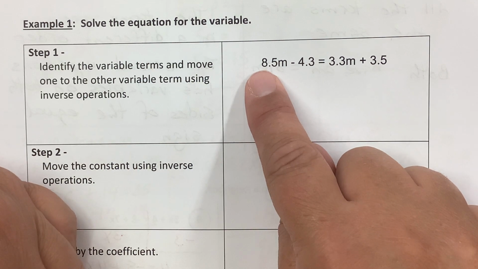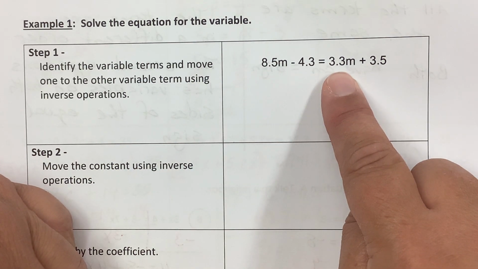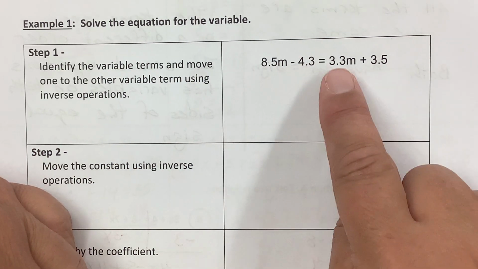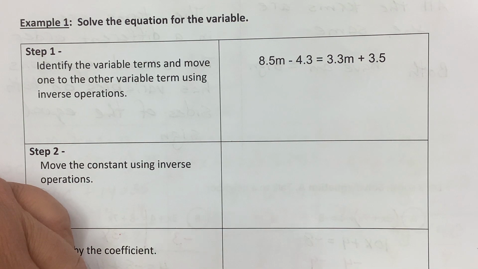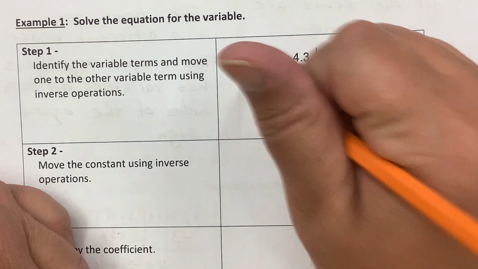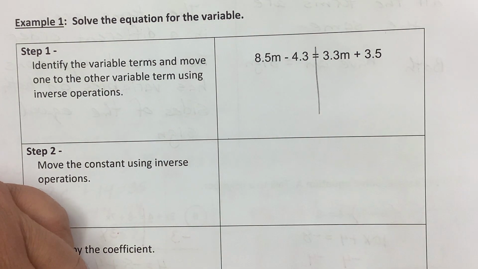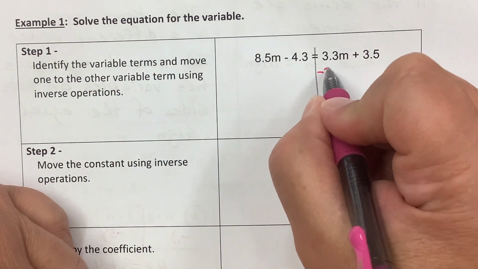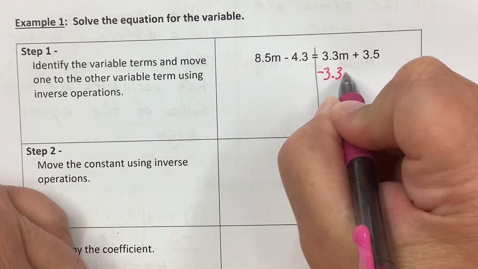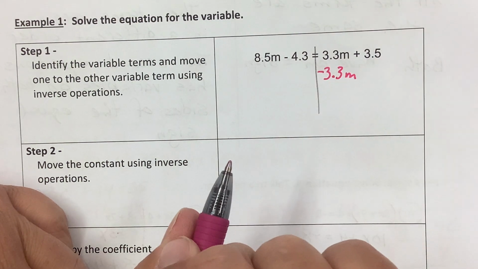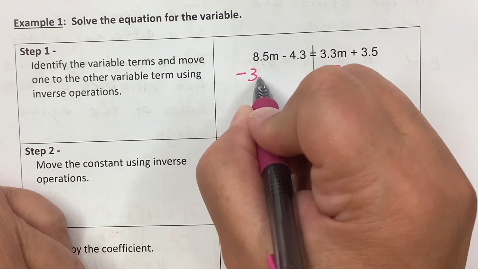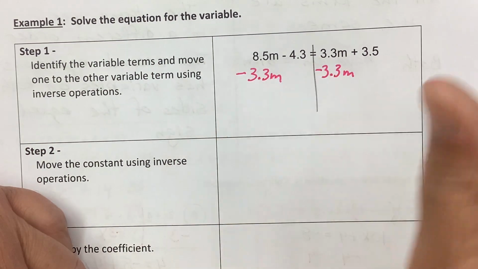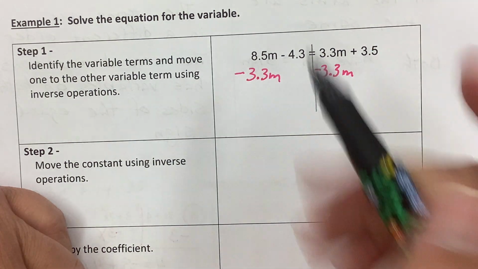Let's see, 8 5/10 and 3 3/10. 8 5/10 is larger than 3 3/10. I am going to move the smaller term to the larger term. So I'm going to subtract because that's the inverse operation. The inverse of positive 3 3/10 is negative 3 3/10. Don't lose the variable. They're like glued together at this point.